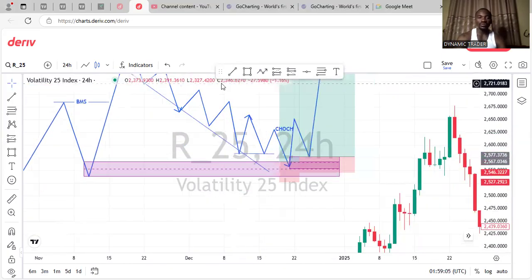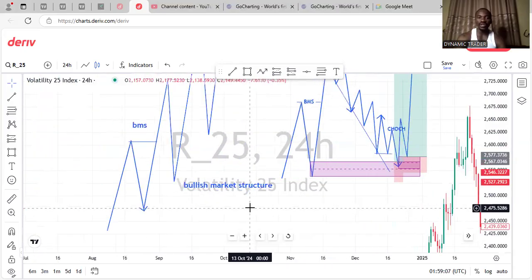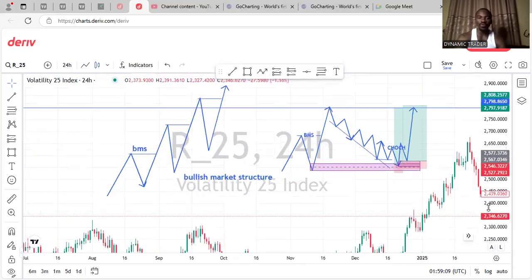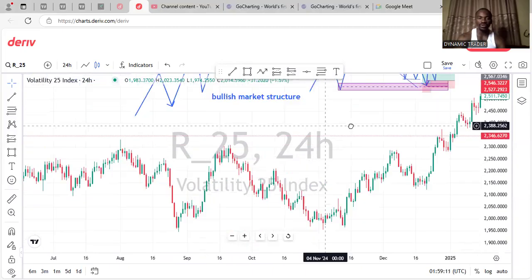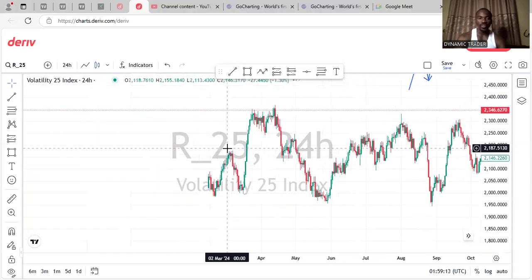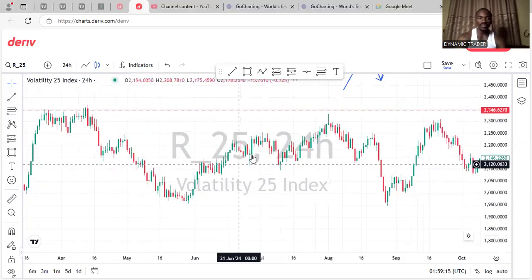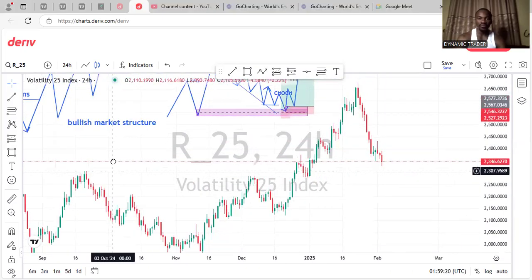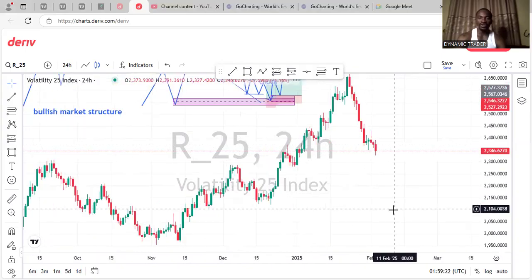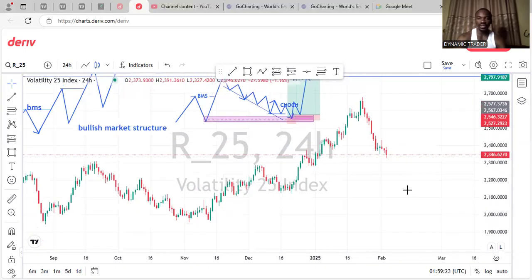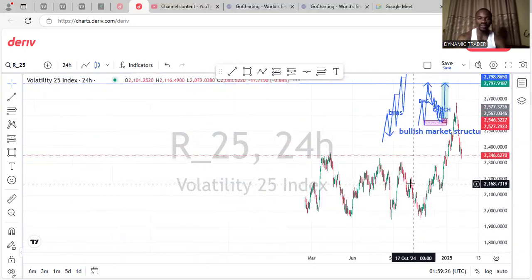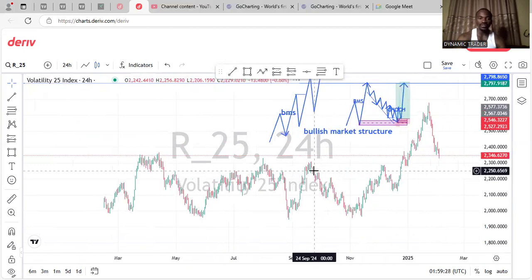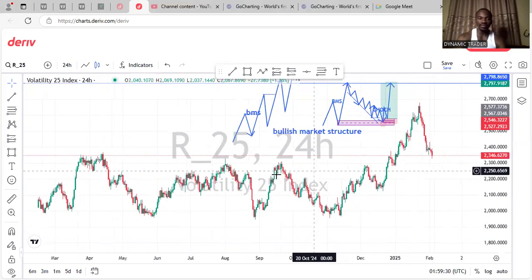All right, now let's see if we can get a clear example, just a normal illustration. This is VIX 25. Let me illustrate in anticipation of what this market is likely to do. Now I'm analyzing this particular market.